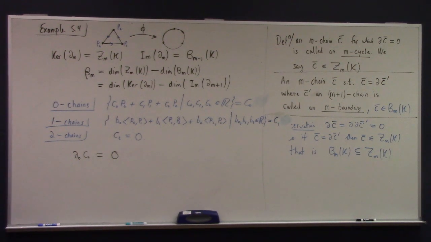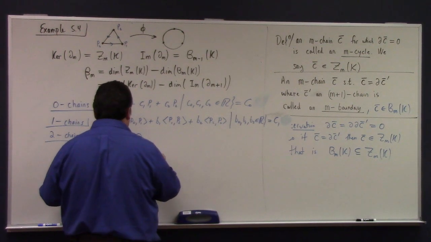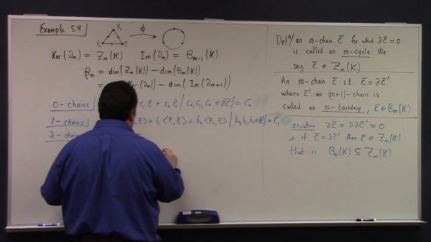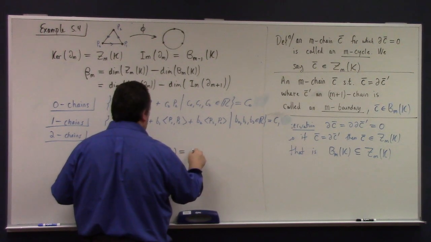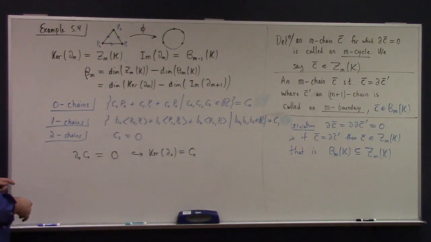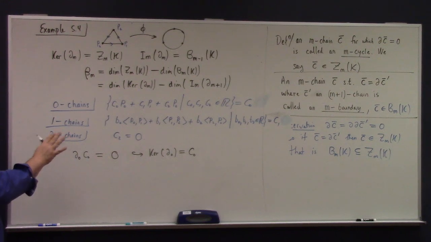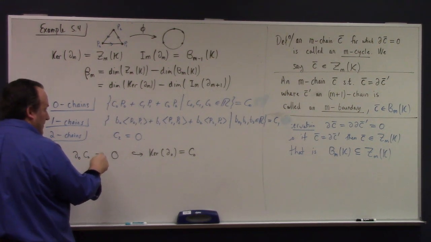The boundary of points is nothing. So by assumption, this tells me that the kernel of the 0 boundary map is all of C0, right? So we got that. Okay, so that's it for partial 0. How about partial 1?